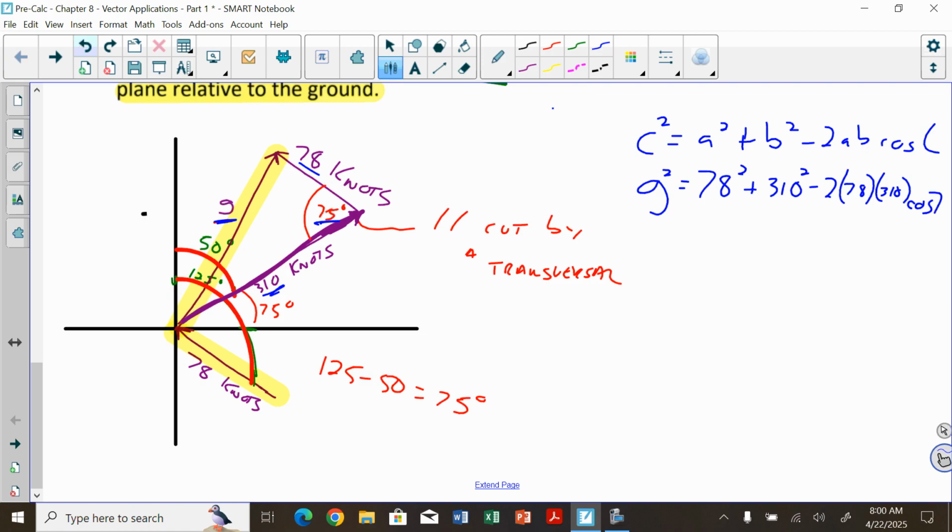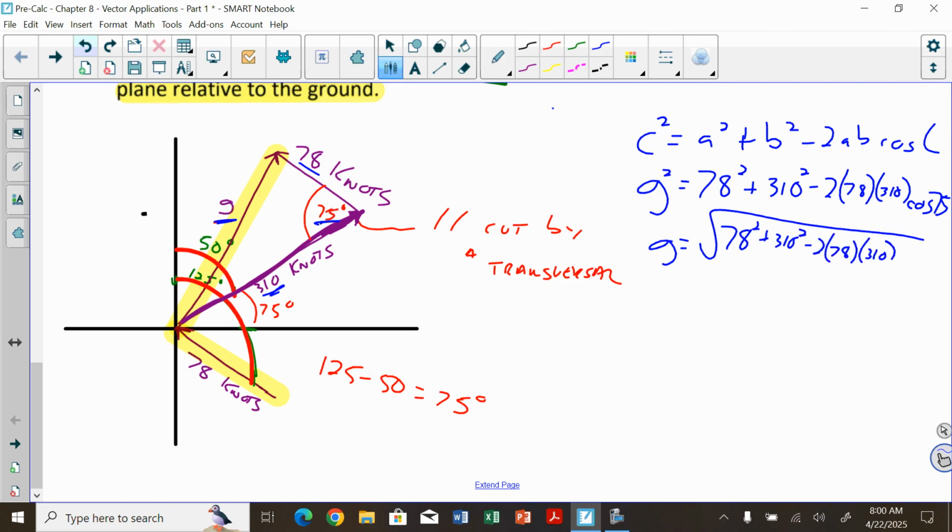Okay, so now I can input that all in my calculator, and G is going to be the square root of all of that.